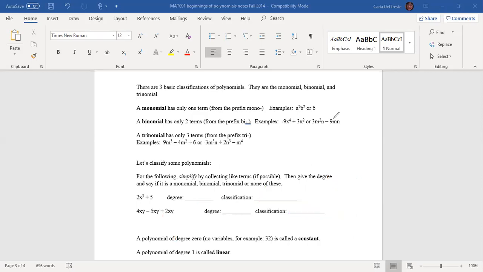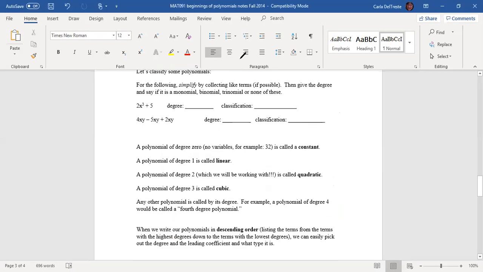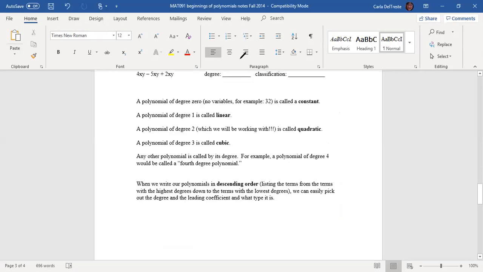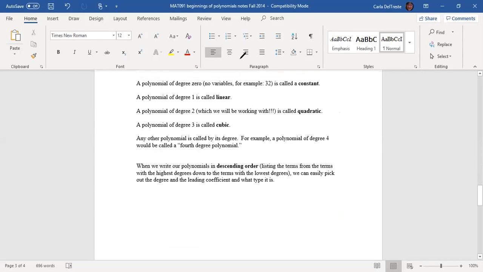If we continue with this sheet, you can also name the polynomial depending on its degree. So if a polynomial has a degree 0, it's a constant polynomial. If a polynomial has a degree 1, it's linear.